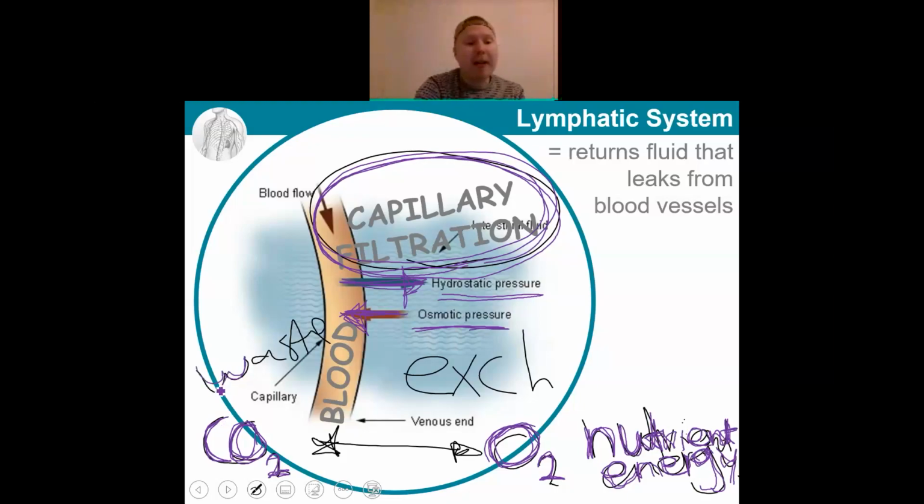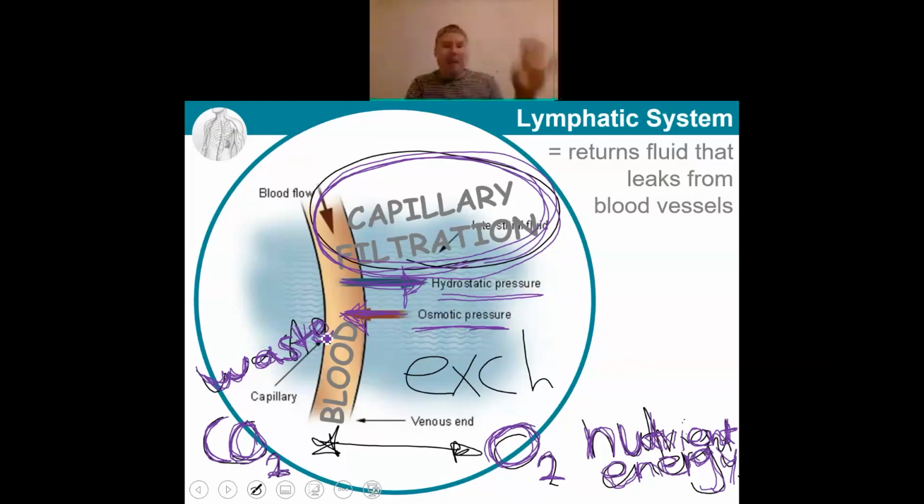A small amount of the carbon dioxide, we have other ways of getting rid of, and we'll look at those later in this course. But for now, you just need to think that some of the carbon dioxide is taken away from the tissues. That's all we worry about. In addition, there are other waste products that we are left with. And those other waste products as well are then put back into the blood and taken away from those tissues.